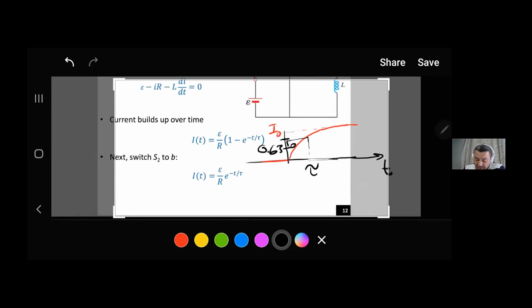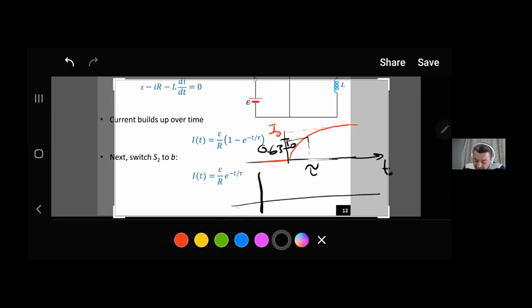Now, the same thing is going to happen when the inductor decreases in its energy or starts to dissipate its energy. The current will also start to decrease exponentially.